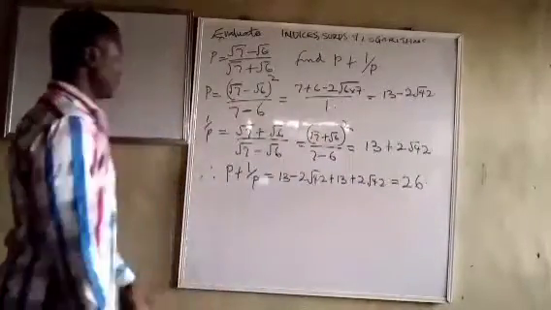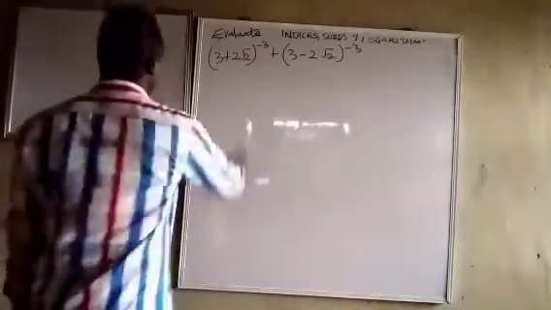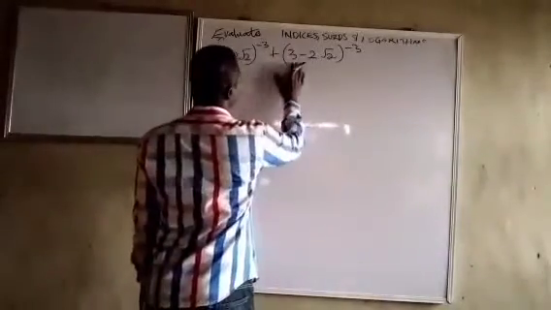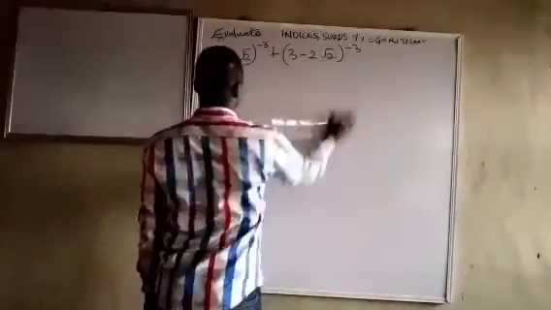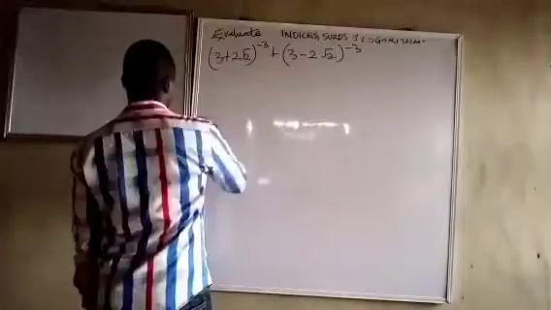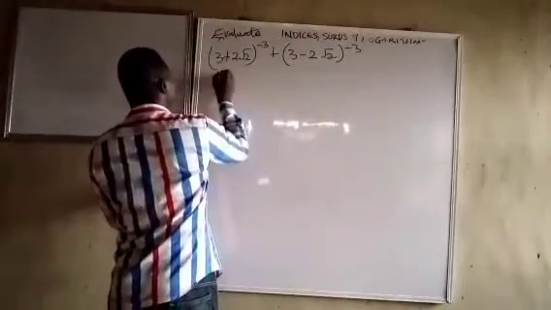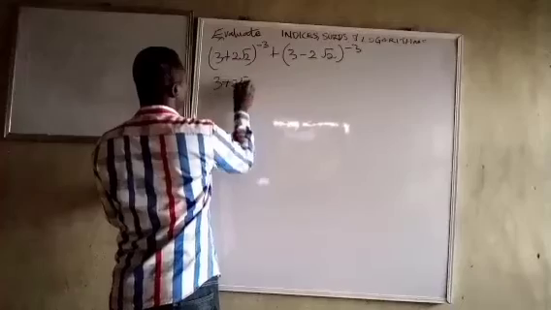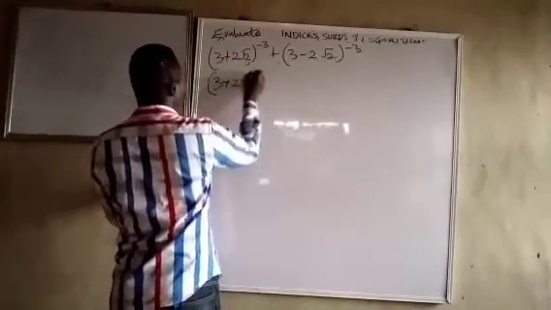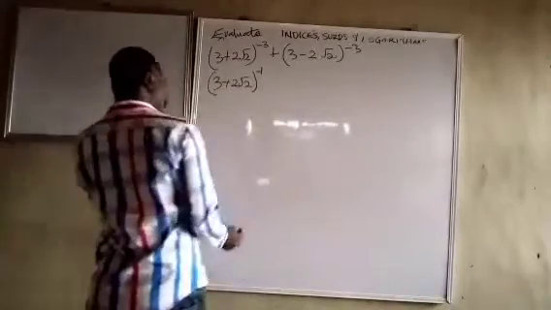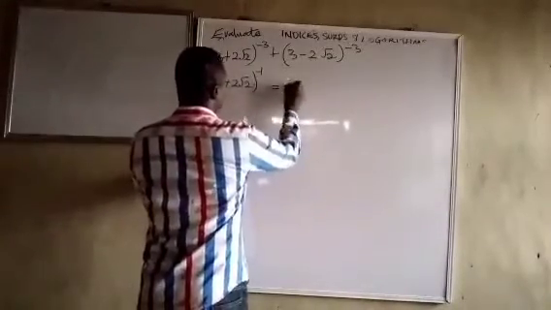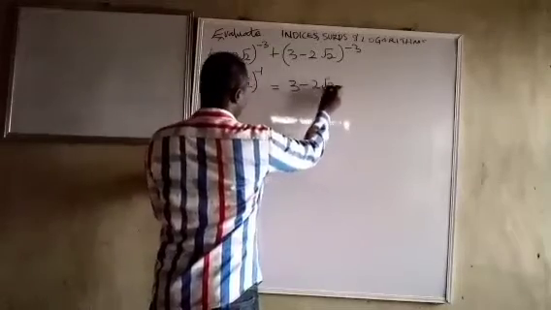So if you look at it very well, we have 3 plus 2 root 2 raised to the power minus 3 plus 3 minus 2 root 2 raised to the power minus 3, so that we should evaluate. Now let's find what is 1 over 3 plus 2 root 2. That will automatically be equal to 3 minus 2 root 2.